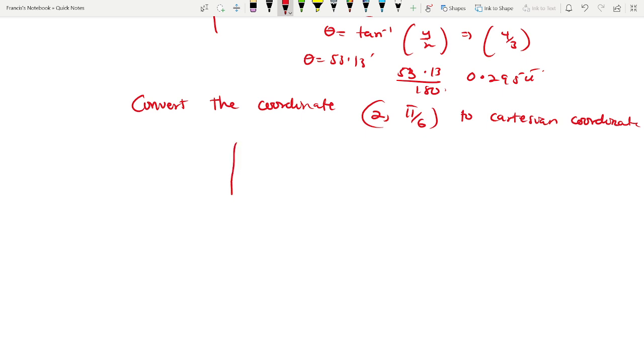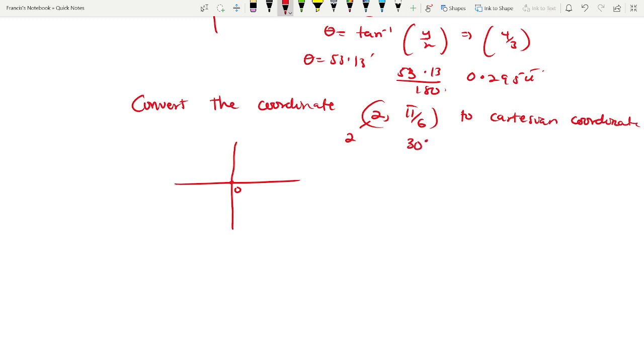Simply you draw your Cartesian plane, but in this case you write your origin here and you realize that the distance here is what? 2, right? The distance is 2. But now we have our angle to be pi on 6, where pi on 6 is the same as what? 30 degrees, right?